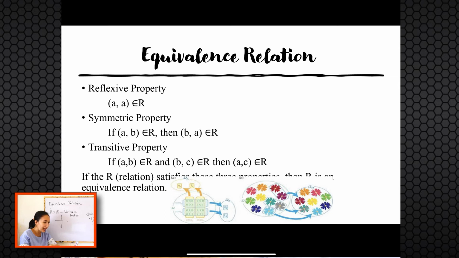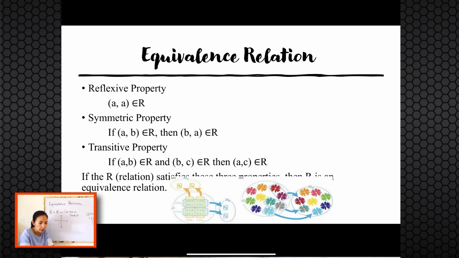Transitive, from the word transfer. If (a, b) is an element of R and (b, c) is an element of the relation, then (a, c) is an element of R. If the relation satisfies this condition, then the relation is transitive. Or, if a is related to b and b is related to c, then a is related to c.